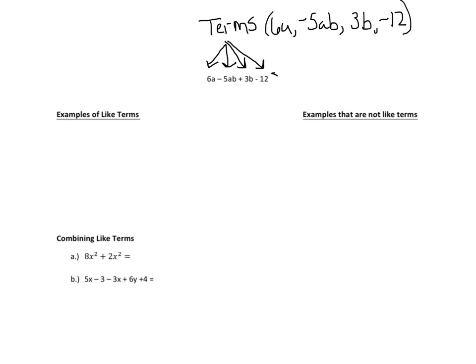Now, -12 is also what we call a constant. It has no variables, so our constant in this one is just -12. 6, -5, and 3 are all our coefficients.